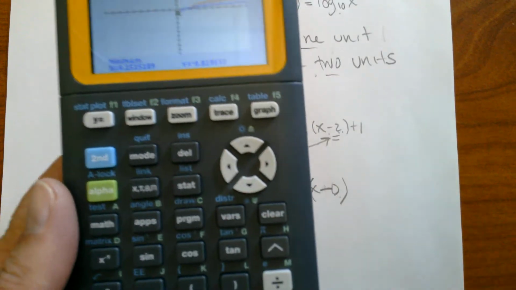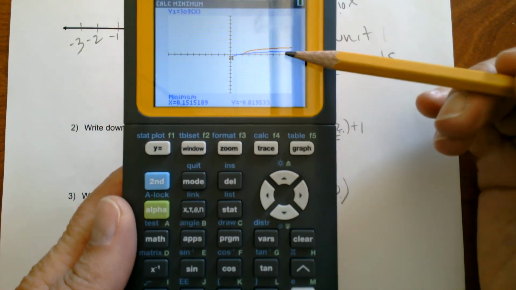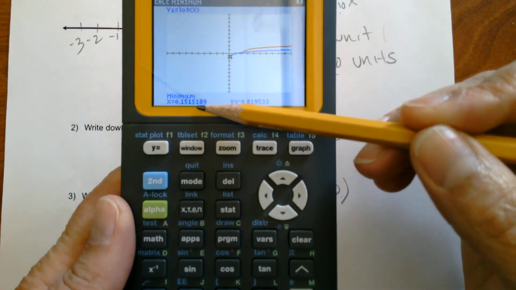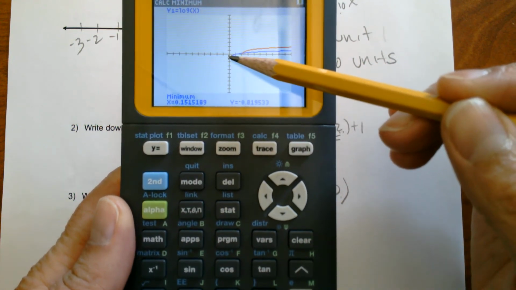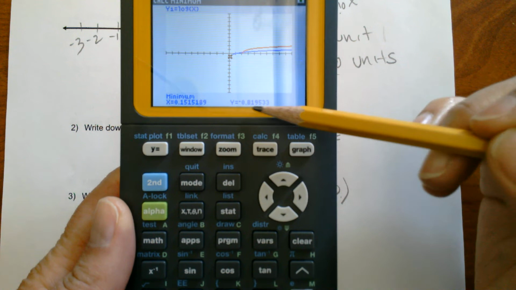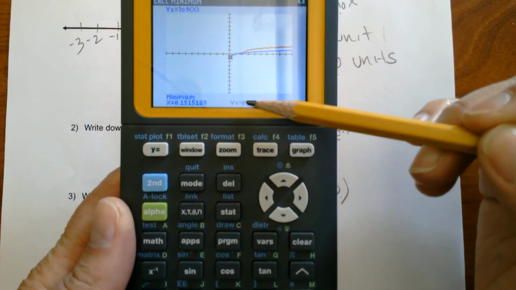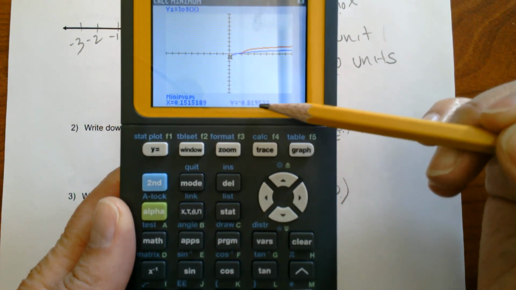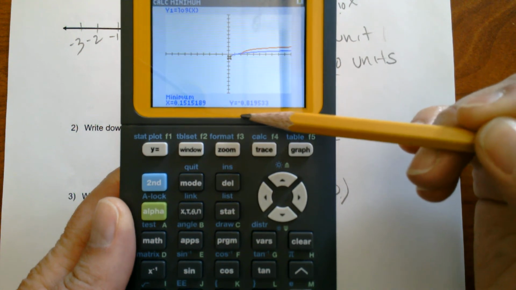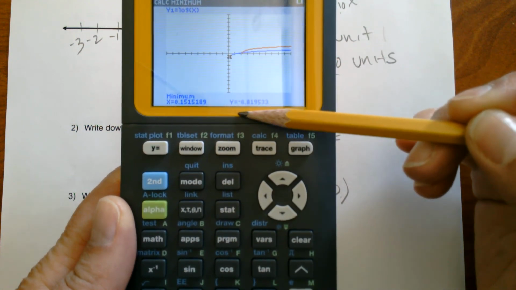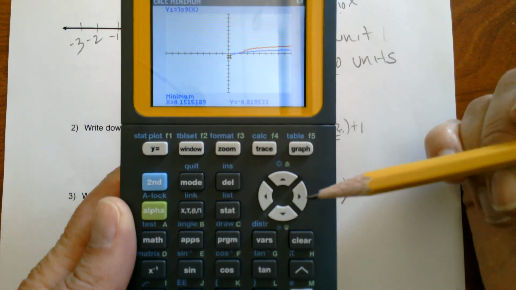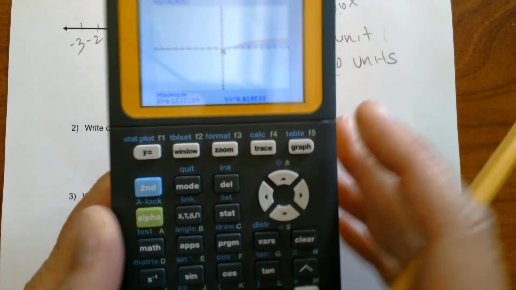Let's just see. Remember, this is my blue line. I'm on blue. Here's my lowest number, my minimum. That's the very bottom. And so I noticed that it's y equals negative 0.8195. So let's say that my range is going to be y has to be greater than, what would you say, like negative 0.8?